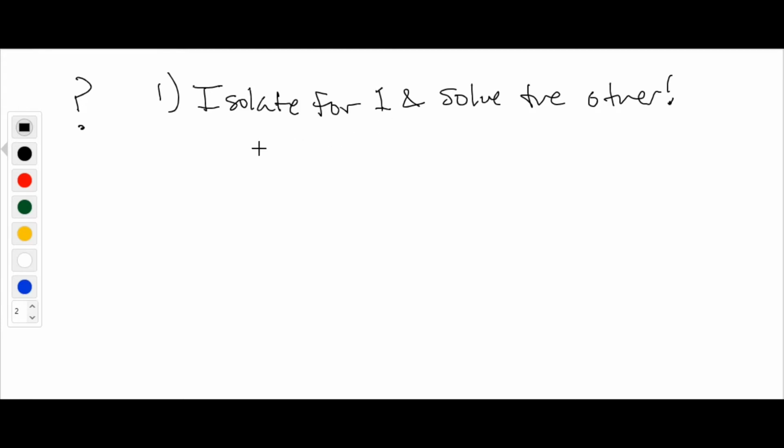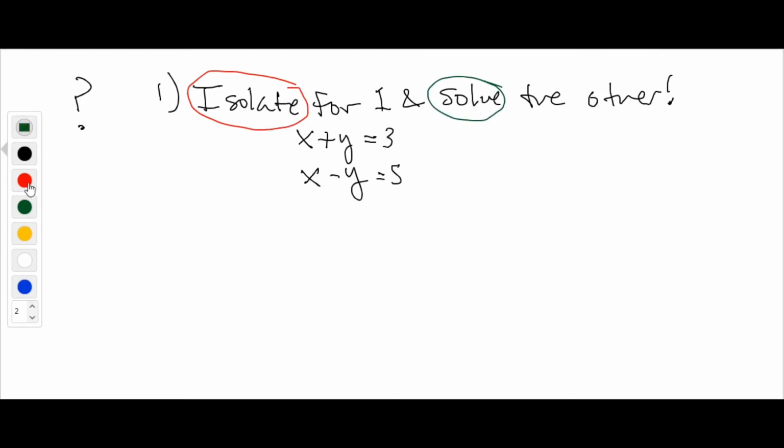So maybe an example is you may have x plus y equals 3, and then x minus y equals 5. When I'm saying you want to isolate and you want to solve for something, you want to try to isolate one of them.